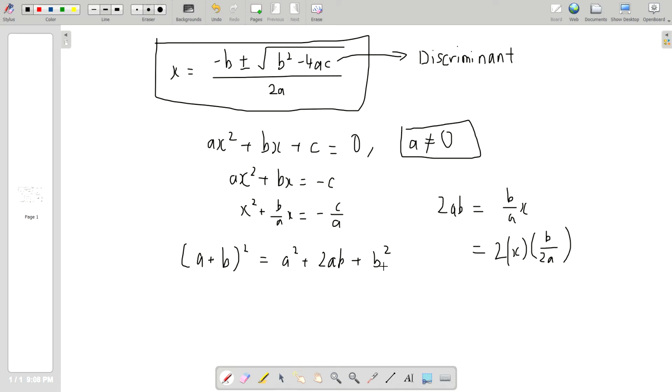So you can write it as p plus q squared is equal to p squared plus 2pq plus q squared, in order to avoid confusion of variables. 2pq is equal to b over a x, which is equal to 2 times x times b over 2a. This is in the form 2pq. Since our p here is already x, our q here must be b over 2a.